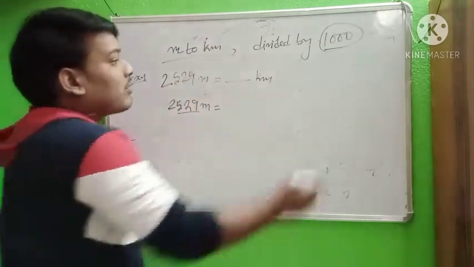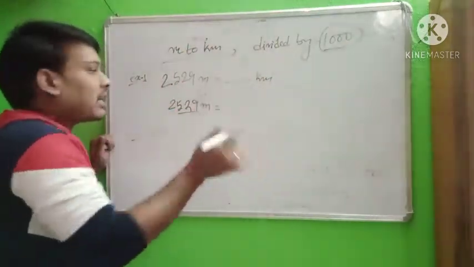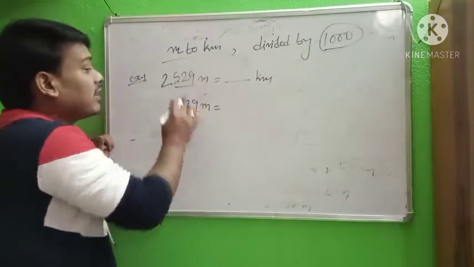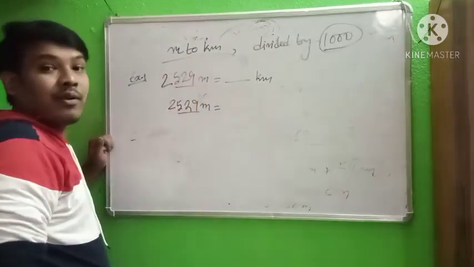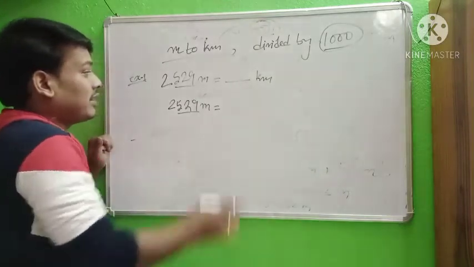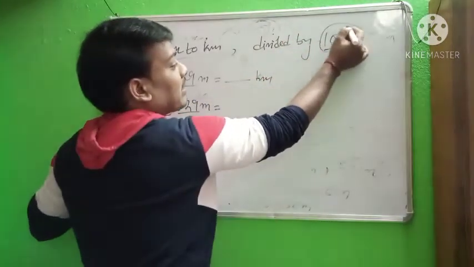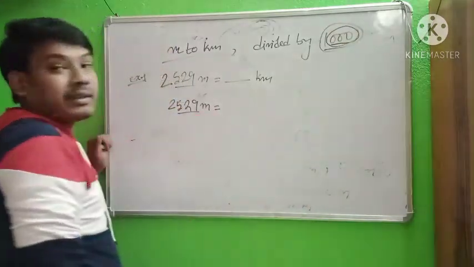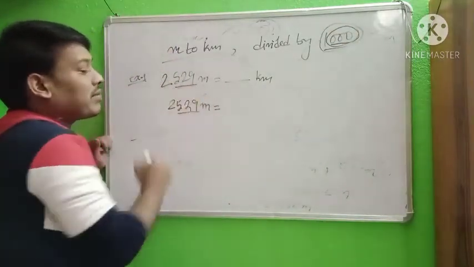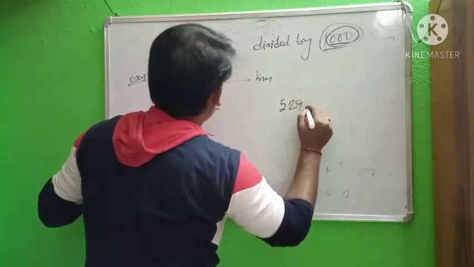Another thing, if we divide it by 1000, then what is the remainder? In division, we can directly tell the remainder is 529. In the division chapter, we already learned if we divide by 1000, then the remainder is the last three digit number. So the remainder is 529. So we write here 529 meter.